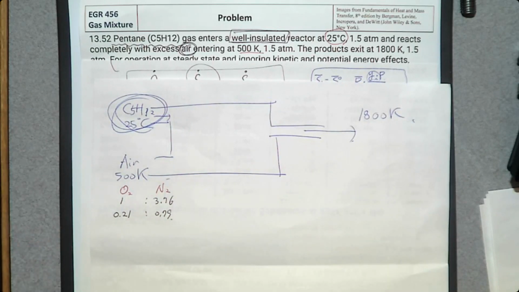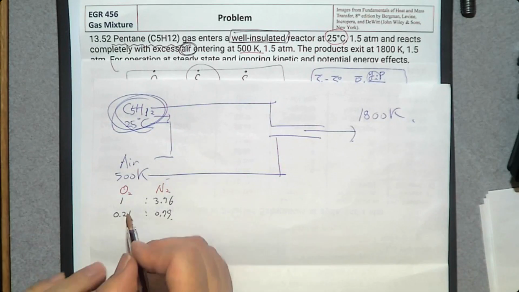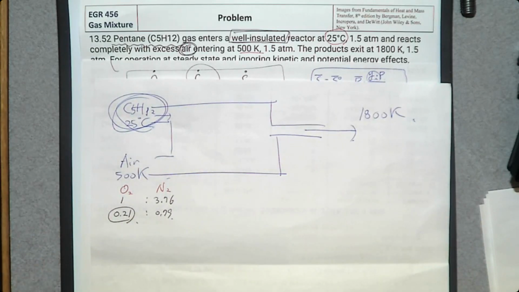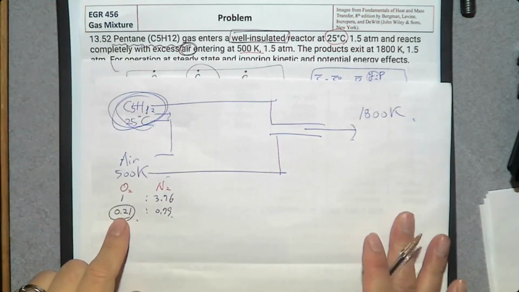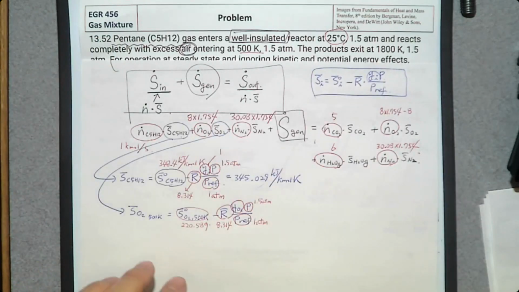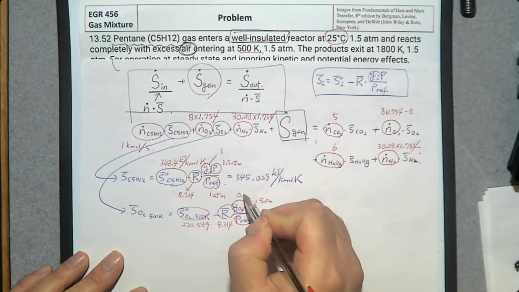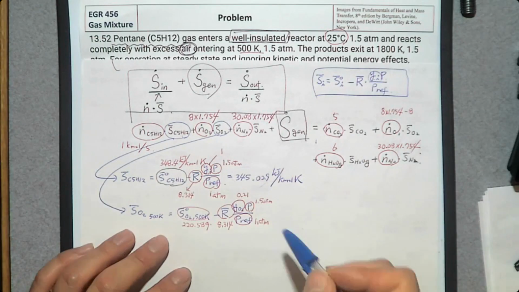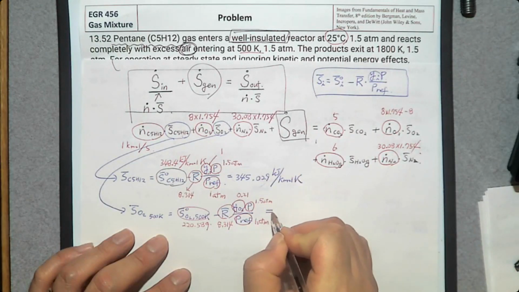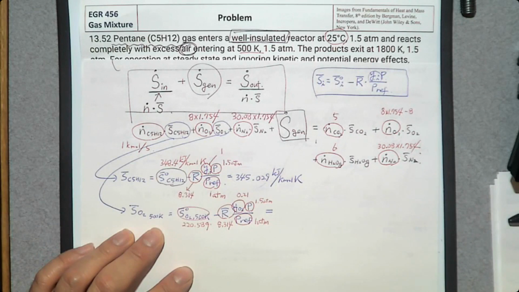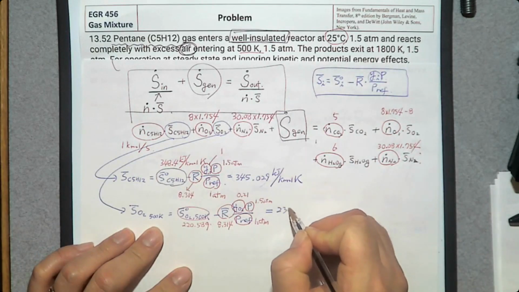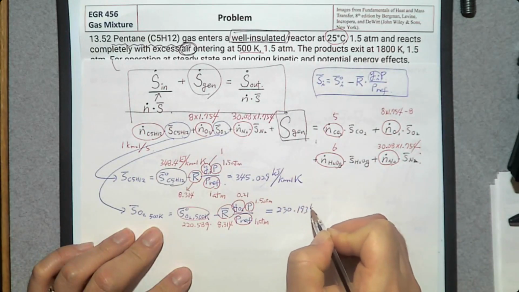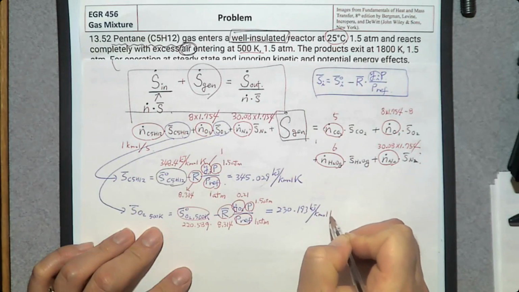So 0.21 is Y of oxygen. Then you can determine the specific entropy of oxygen at 500. You get 230.193 kilojoule per kilomole Kelvin.